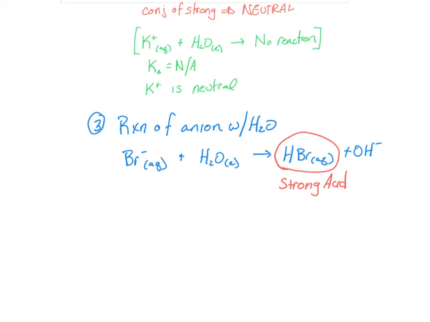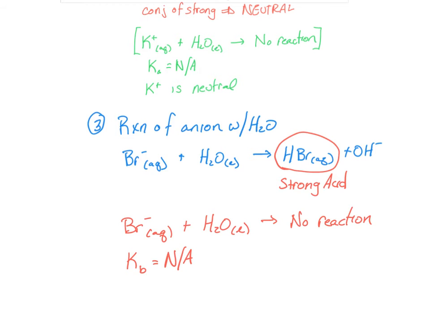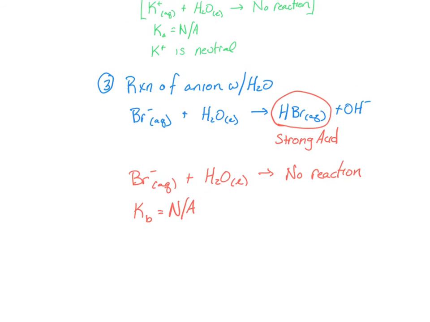And so that means that really the reaction of Br minus plus water, liquid, is no reaction because no HBr actually forms. And the Kb of this doesn't exist because there is no equilibrium. And so that means that Br minus is neutral when in solution.